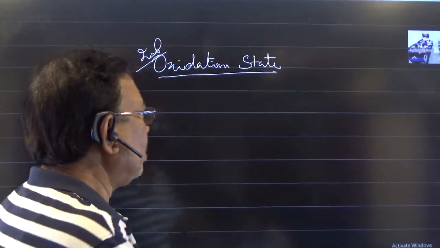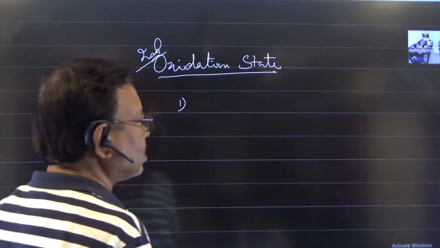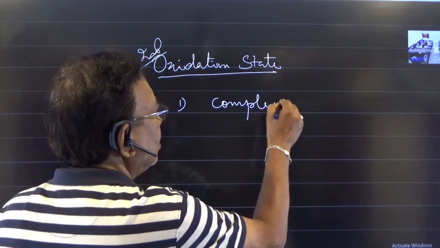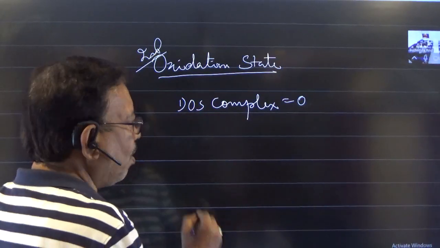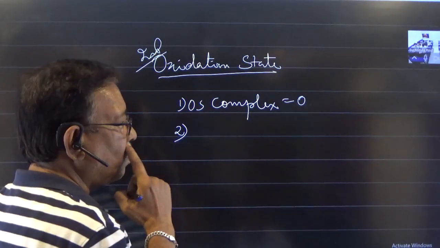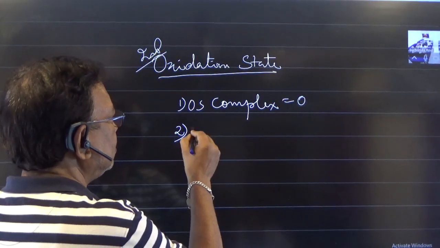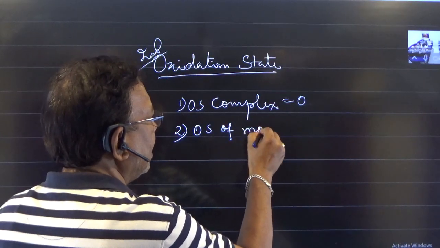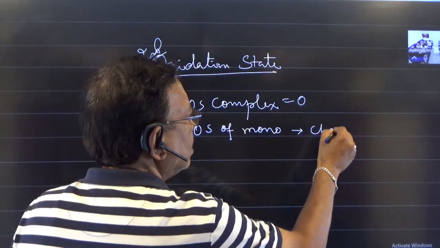Here in oxidation state, the rules are written. Number 1, the total oxidation state of the complex is equal to 0. Number 2, the oxidation state of a monodentate ligand is equal to its charge.